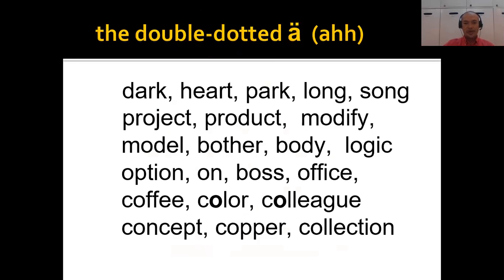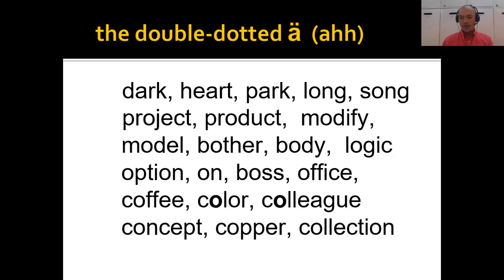We begin with a double dotted A. It is sounded as ah. The technique there is to drop your jaw, say ah, and be consistent. You keep doing that. Dark. You might as well repeat after me. Heart, park, long.